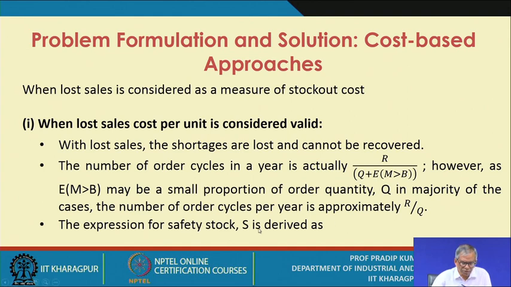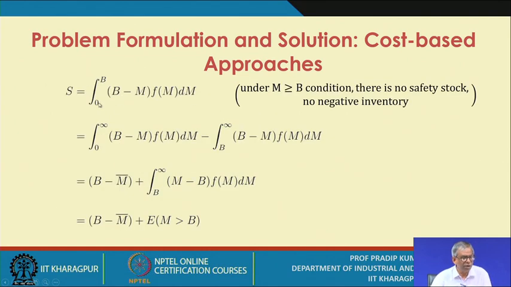The expression for the safety stock S is derived as S equals the integration from 0 to B. That means beyond B, if you have demand, the demand will be lost. If you refer to the inventory profile for the lost sales case, you will find there is no negative inventory, so it remains at the 0 level.